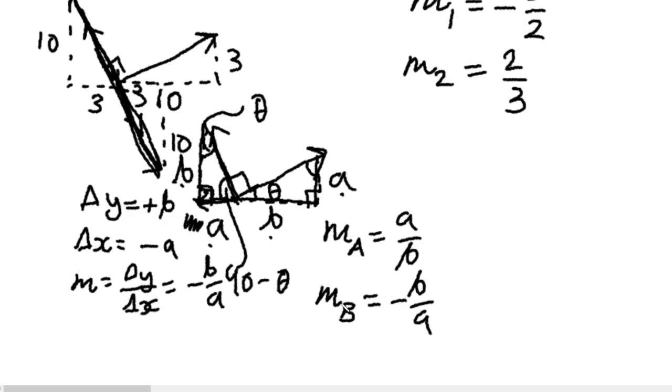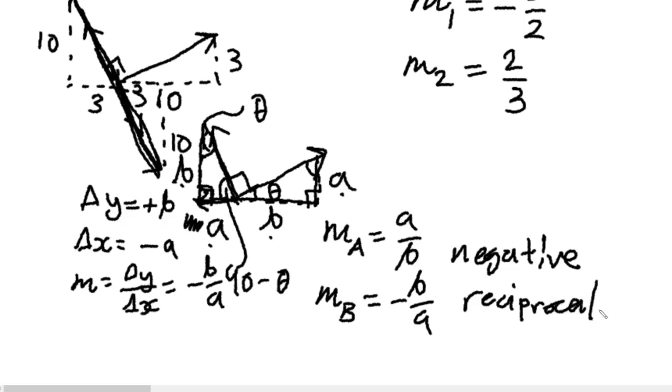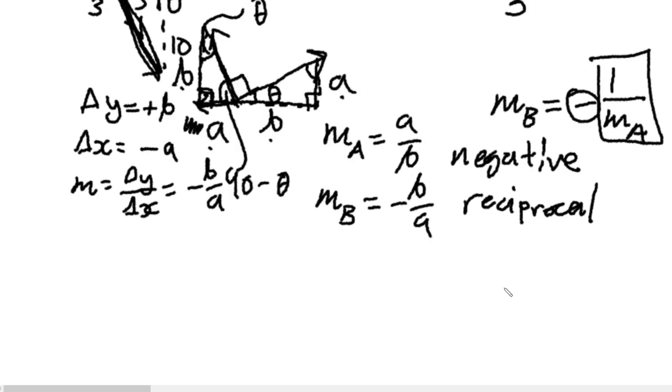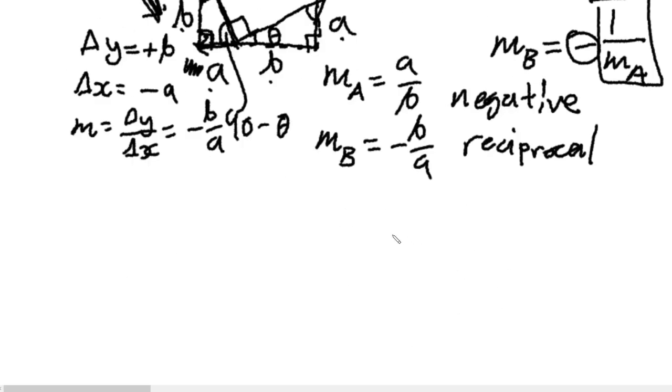Or in other words, the gradient of a perpendicular line is the negative reciprocal of the gradient of the first line, which basically means that mb is equal to minus 1 over ma, the negative reciprocal, or, the most useful form for proving this, ma multiplied by mb is equal to minus 1.